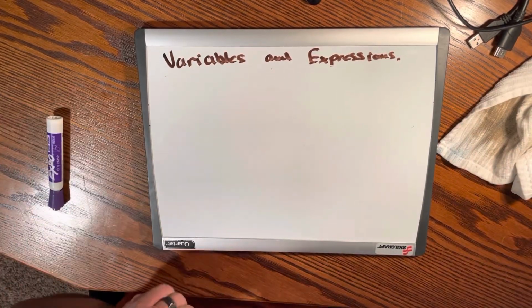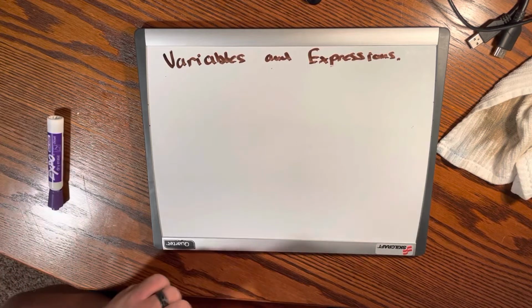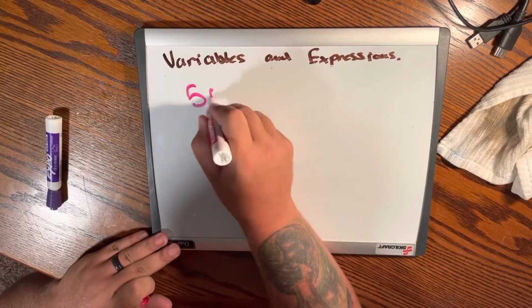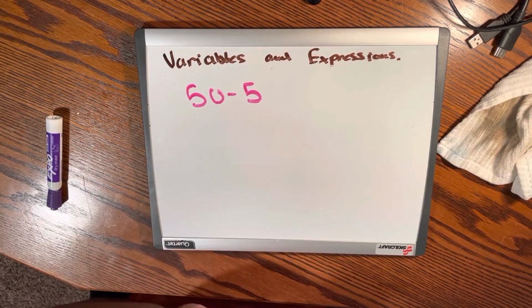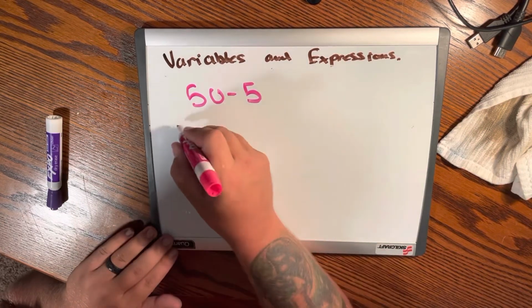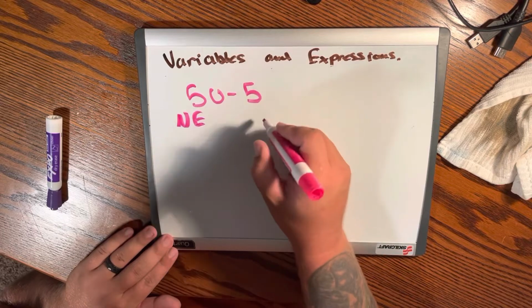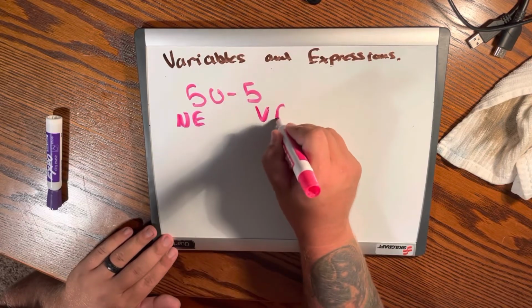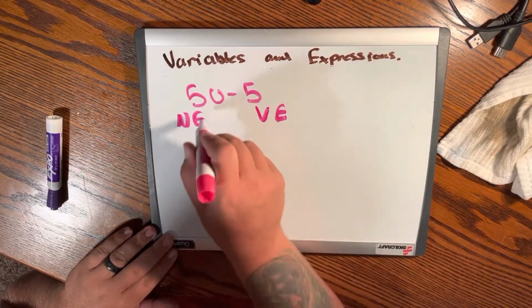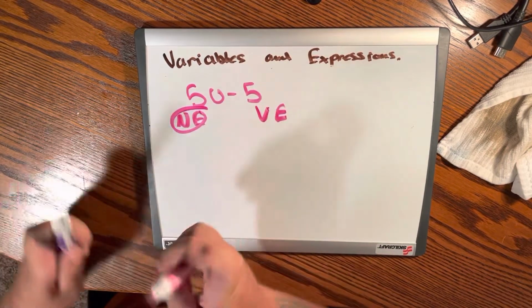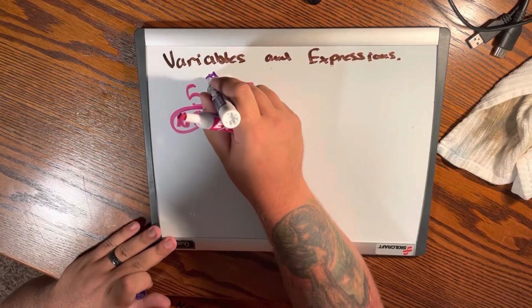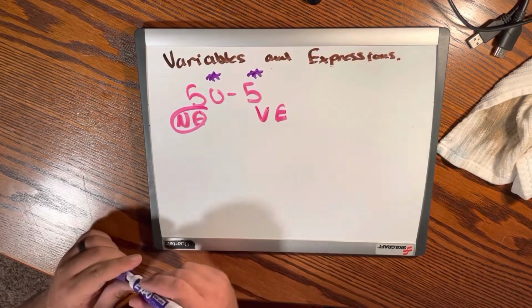Now, if I write something like 50 minus 5, is this a numerical expression or a variable expression? It is a numerical expression because they're both numbers, and there's no variable.